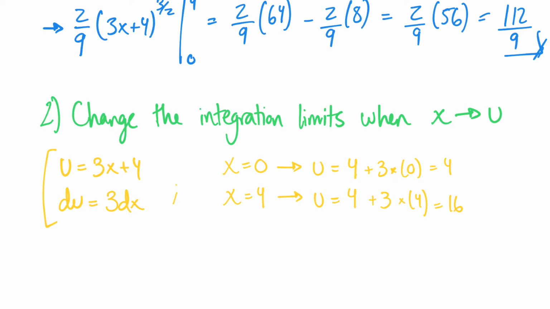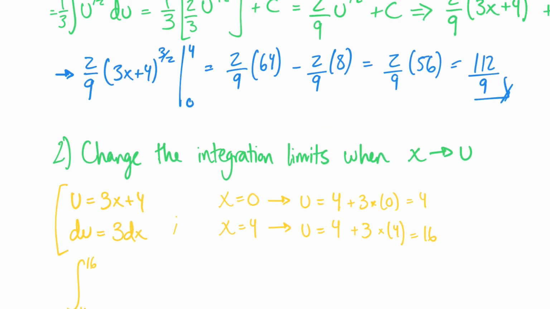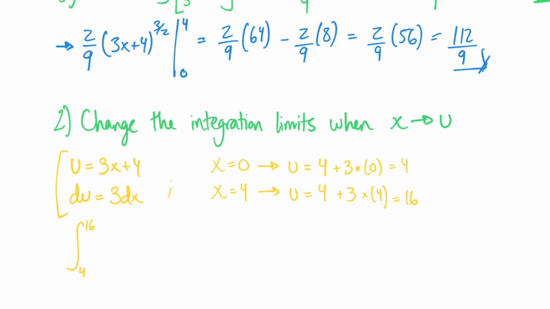So before, the integral went from 0 to 4 because I had x's. Now, my new integral is going to go from 4 to 16. And then within the integral, I'm going to have the same thing as before: 1/3 u to the 1/2 du. Let's solve this.